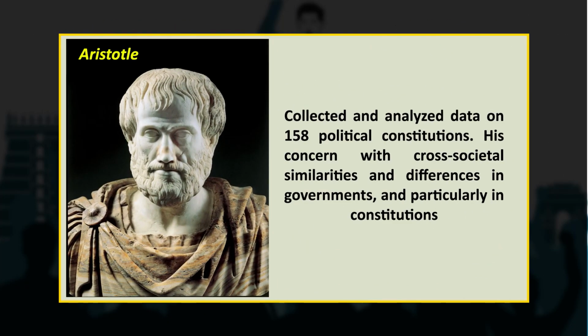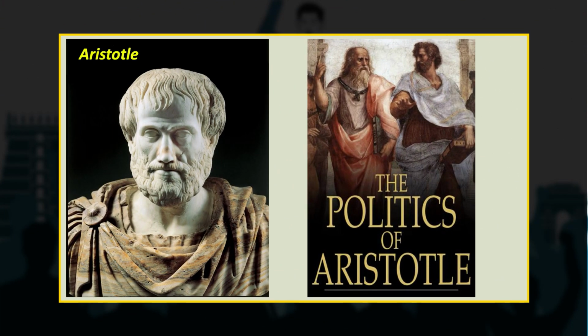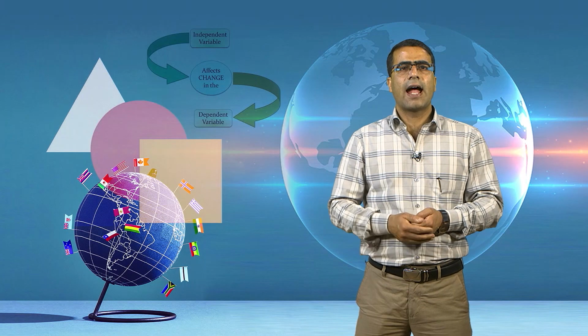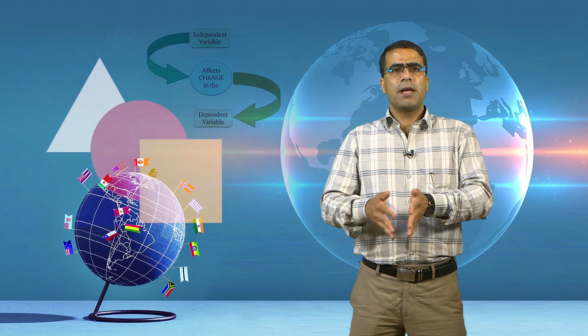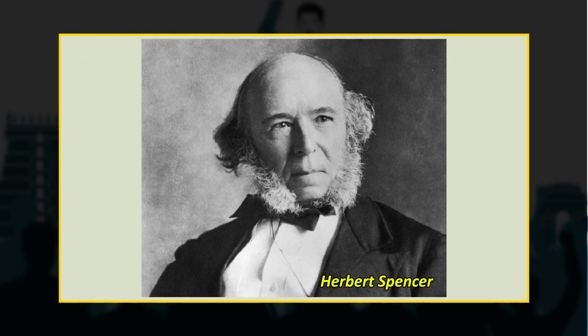Aristotle collected and analyzed data on 158 political constitutions. His concern with cross-societal similarities and differences in governments, and particularly in constitutions, is extensively documented in his work Politics. The comparative method as prescribed today may be traced more directly to the works of Herbert Spencer and other 19th century evolutionists.